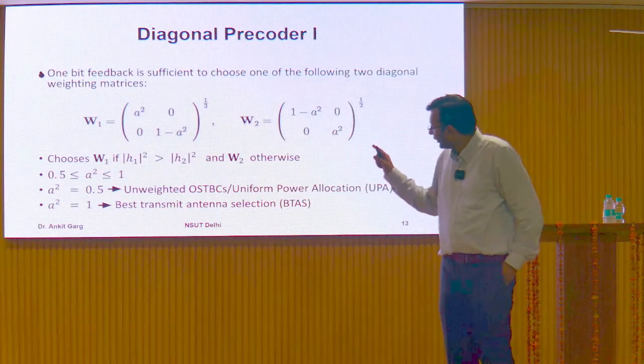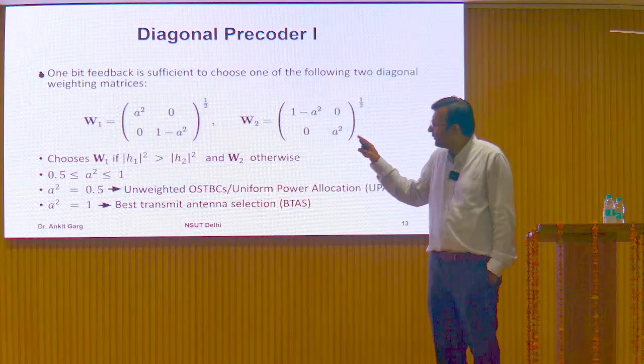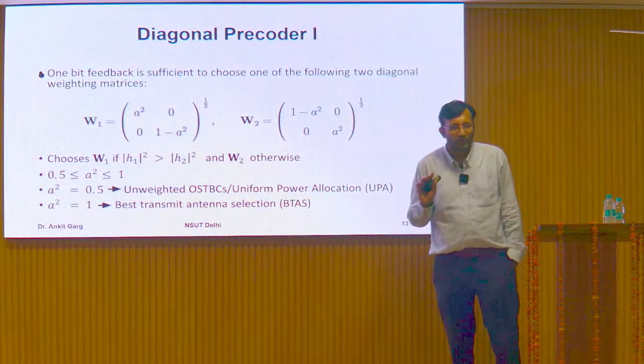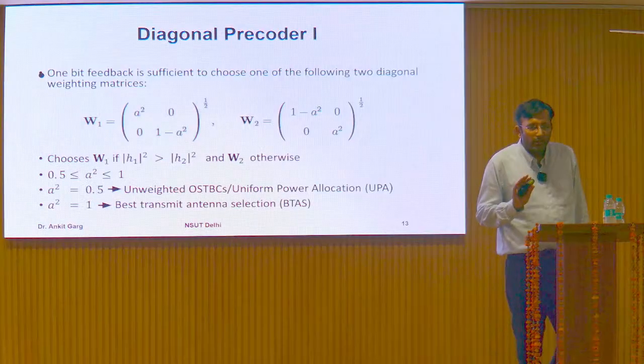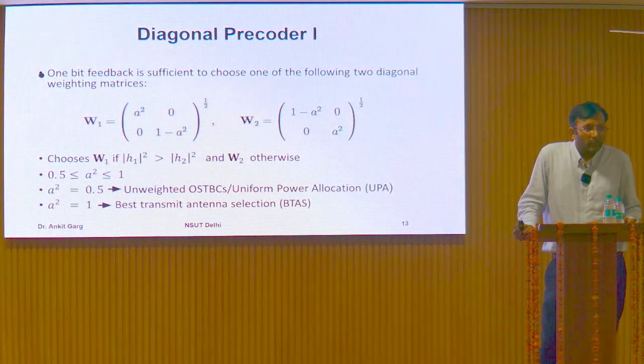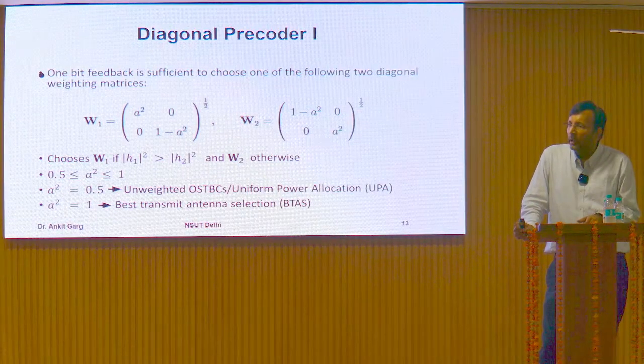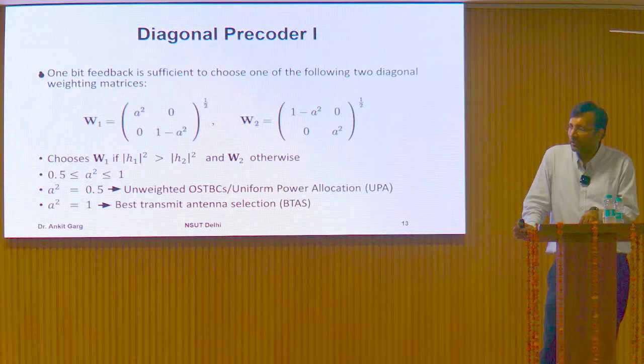Similarly, we are looking to have the optimum value of this a square, right? So that in case of incorrect feedback as well, we have a selection of the channel with maximum channel gain.